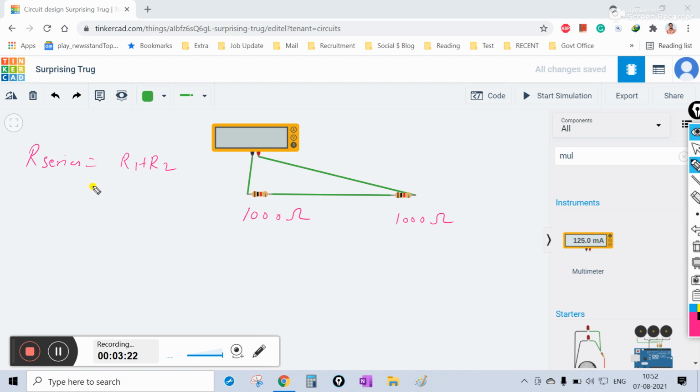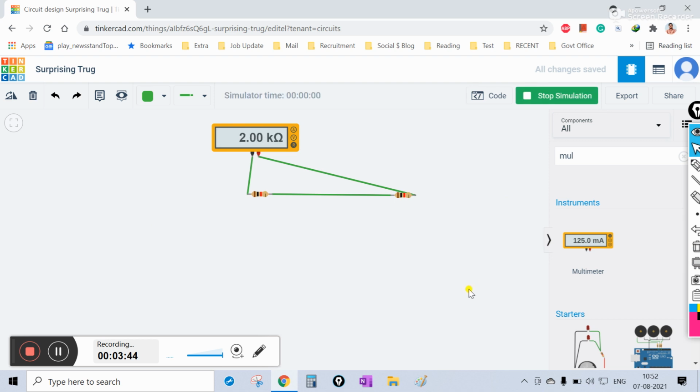Theoretically, 1000 plus 1000, so 2000 ohms should be the equivalent resistance. That means resistance should increase. So in simulation we will check whether it is correct or not. On screen it should show 2000 ohms or 2 kilo ohms. Let us try.